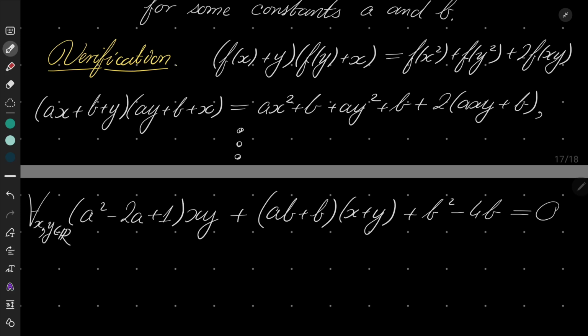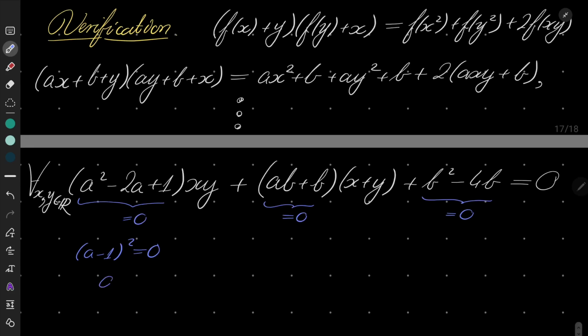But that means it's pretty easy to see that that can only be true if this is 0, this is 0, and this is 0 as well. Since this part is (a - 1)^2, (a - 1)^2 equals 0, that means that a equals 1. a equals 1 means that 2 times b must be equal to 0, so b equals 0.